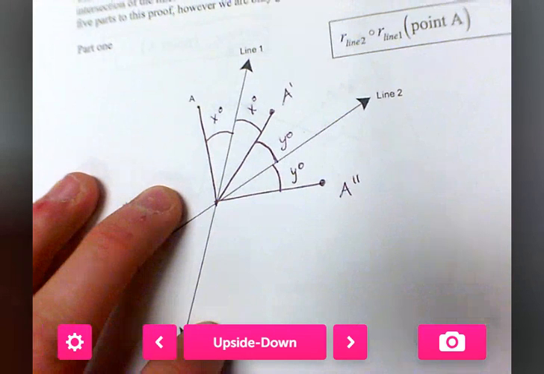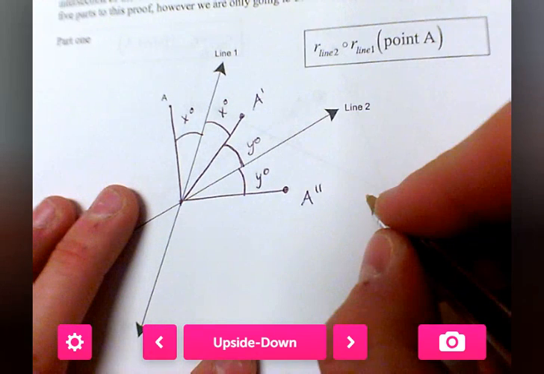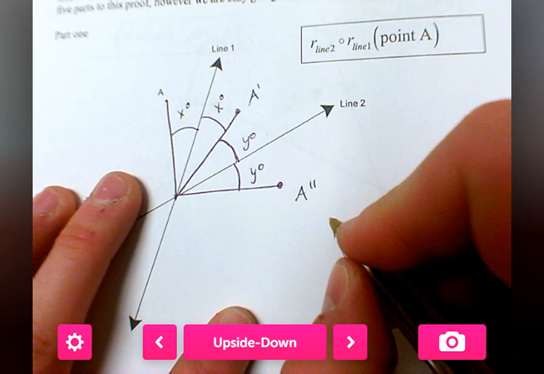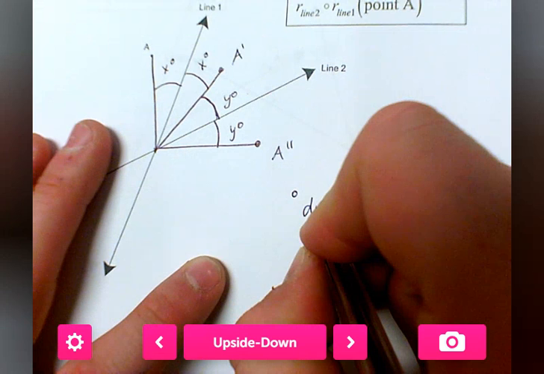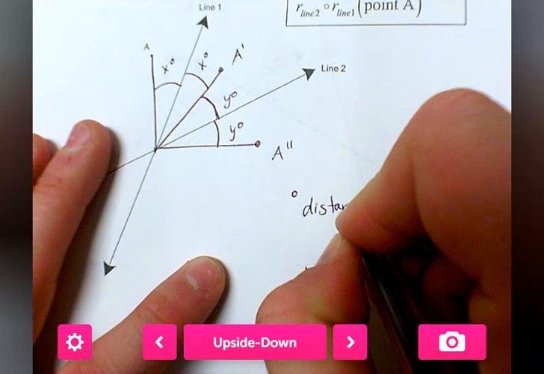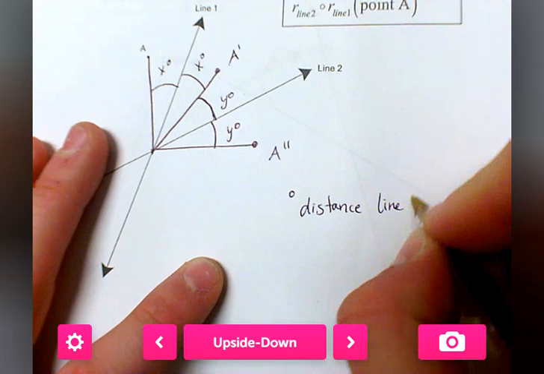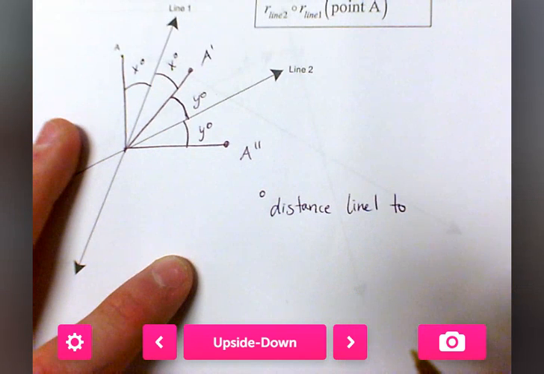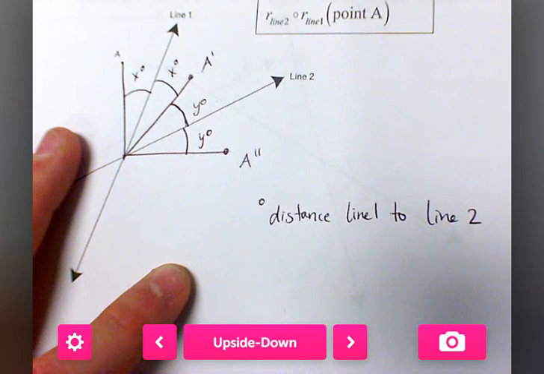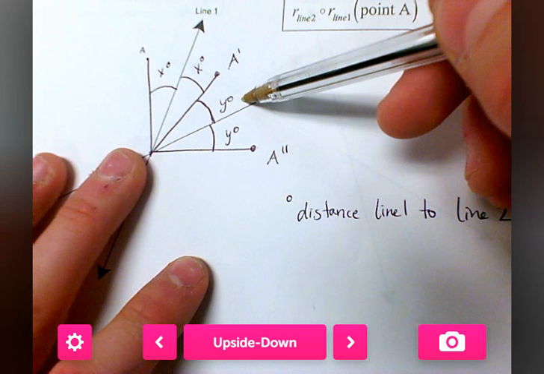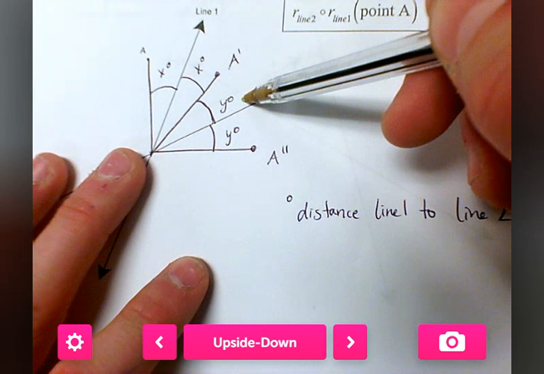So we have this pretty little picture here. Now we got to do some words. So what I would say is degree distance of line 1 to, where? Right here? This one?